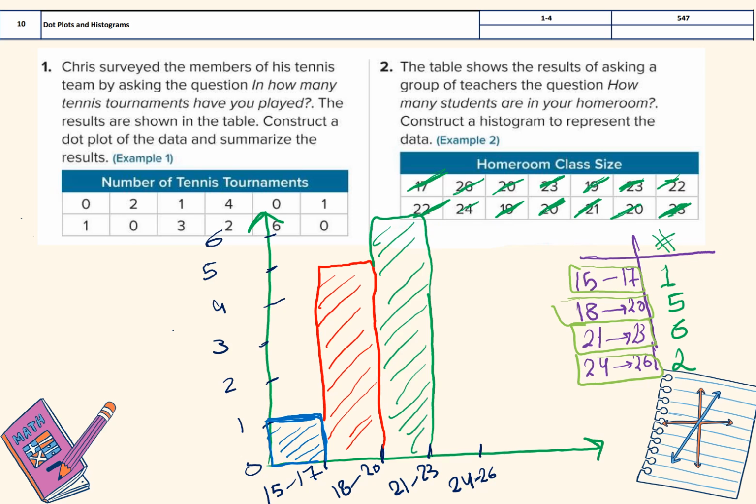And then I'm going to make the last rectangle that has a height of 2, that represents the category from 24 till 26. So here it is. And that's our histogram, nicely and clearly.